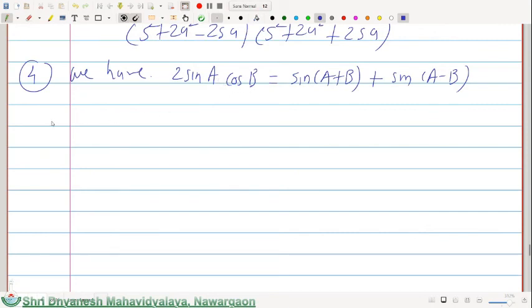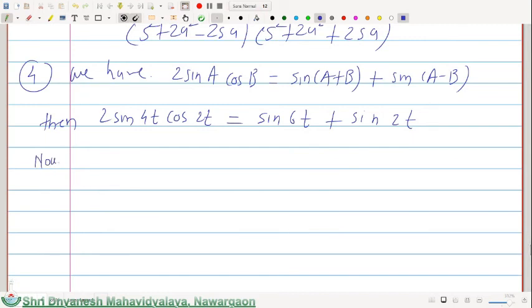We get 2 sin 4t cos 2t equals sin 6t plus sin 2t. Okay, we have to find Laplace transform of.